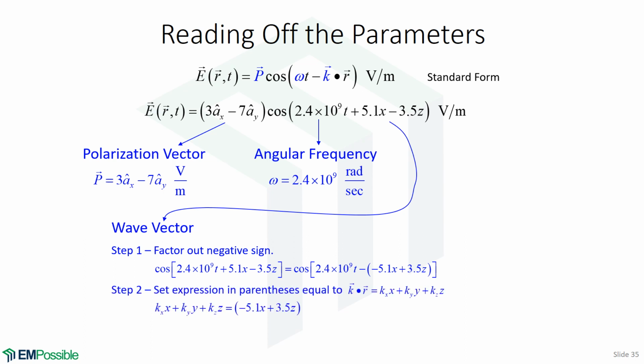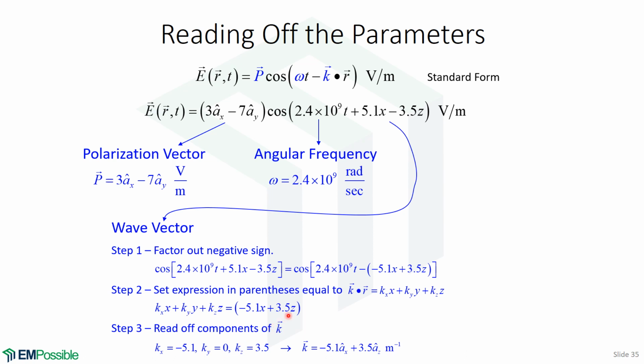So k dot r, without numbers, is kx times x plus ky times y plus kz times z. So if we look at this, the expansion for our dot product of k dot r, and we look at what is inside the parentheses, we can read off what is kx, what is ky, what is kz. So in this case, kx, which is multiplying x, is a minus 5.1. There is no y over here, so ky must be 0.